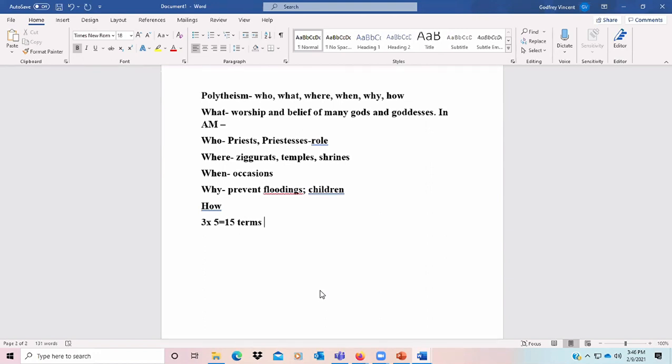If we don't get to chapter 5, let's say we reach chapter 4, it will be 12 terms, right? 12 multiplied by 8 points will give you 96.